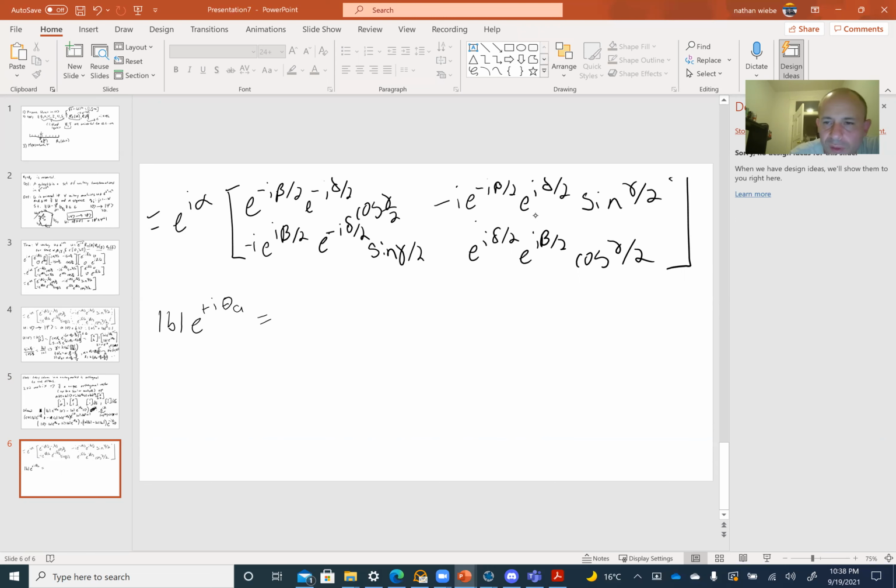So we want to get the second column here, and first element of it will be, yeah, okay, cool. So then this is going to be equal to e to the negative I beta over 2, e to the I delta over 2, sine gamma over 2.